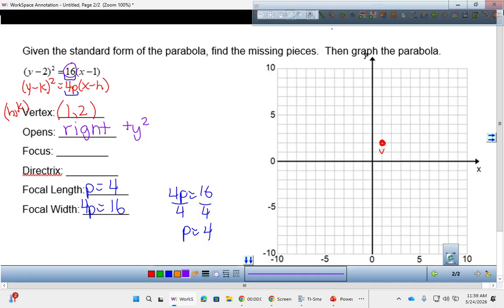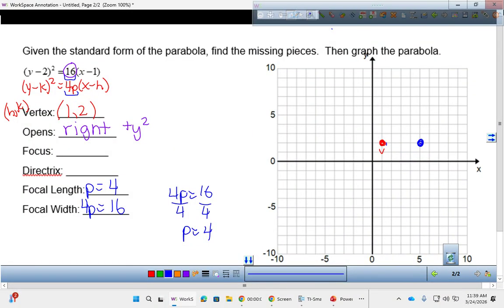So that brings us back to this focal length of P. Now that I know that the direction is right, I know that the P is going to be the radius per se, but only in the left and right direction. It's not going to go up and down. So I am going to go 4 units to the right of this vertex. And that puts me right here at this point.